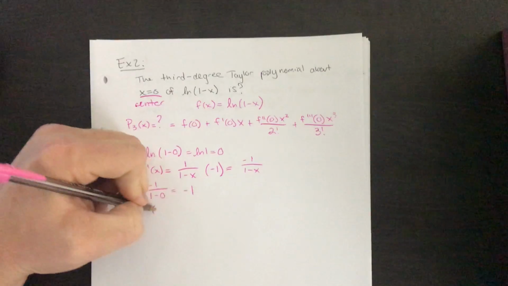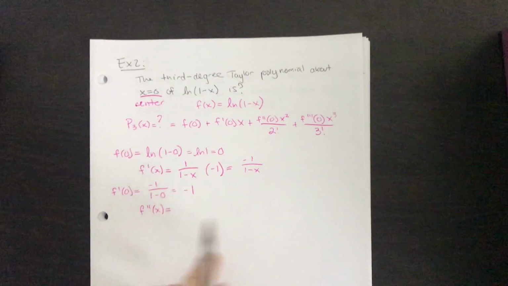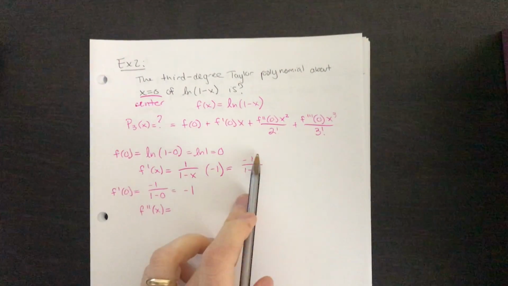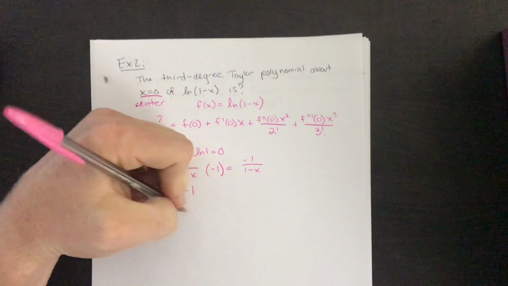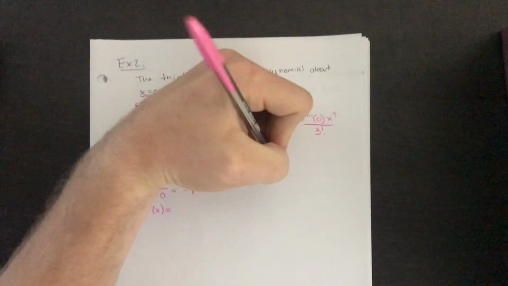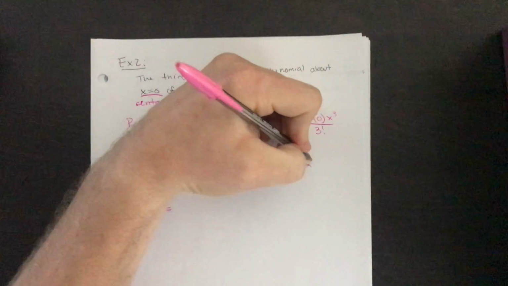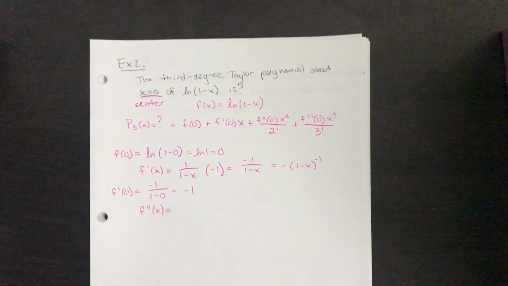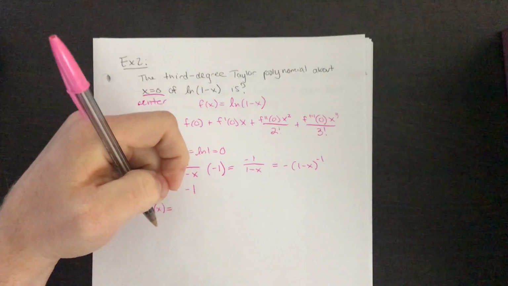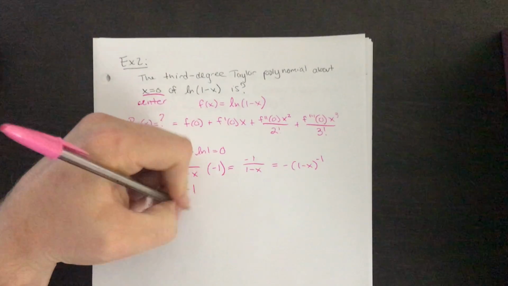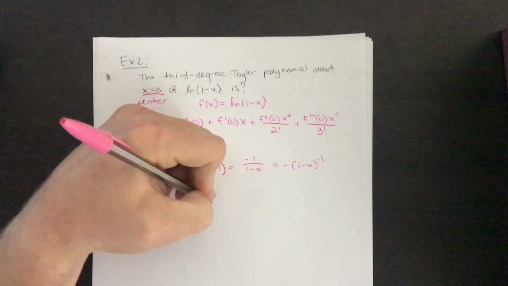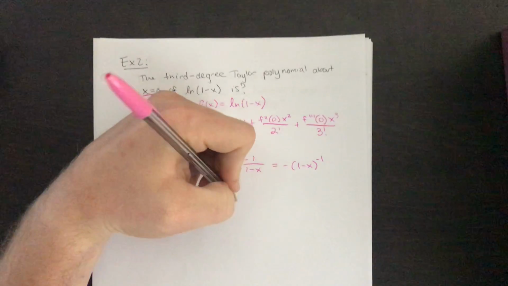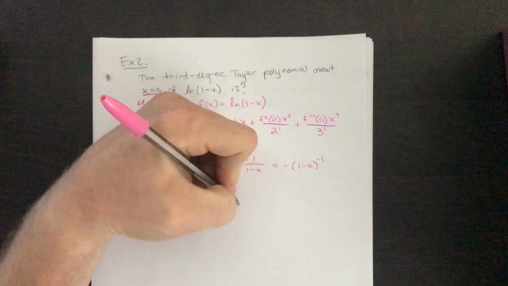Next, we need the second derivative of f. So we're taking the derivative of negative 1 over 1 minus x, and now I'm just going to use the power rule. Essentially, this could be rewritten as negative 1 times 1 minus x to the negative 1. So drop the power down and subtract, and you would get negative 1 times negative 1 times 1 minus x to the negative 2.